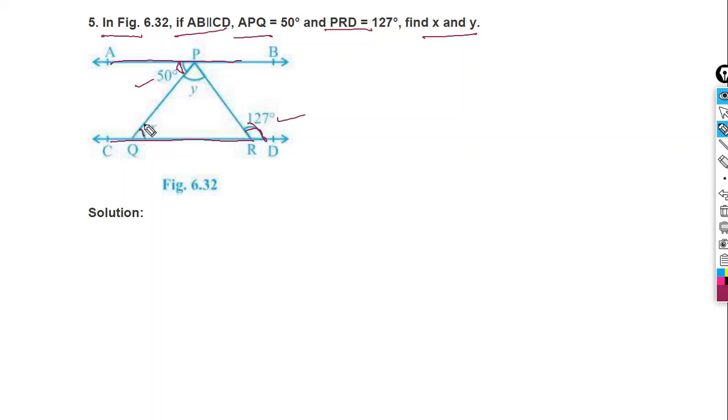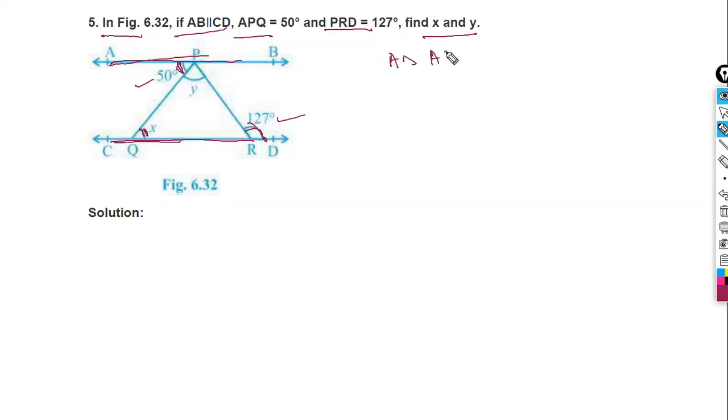Now you see, it is given that AB is parallel to CD. Therefore, this 50 degrees and this x, what type of angles are they? Alternate interior angles, isn't it?